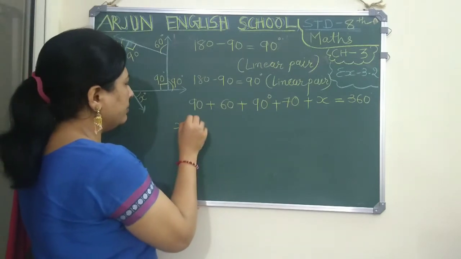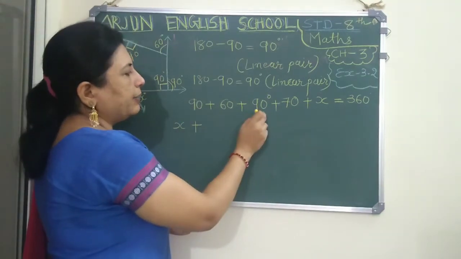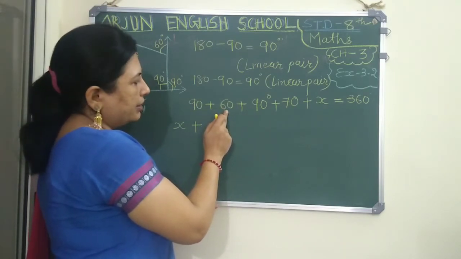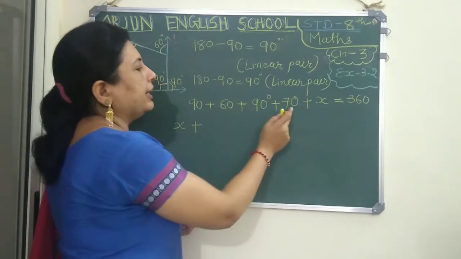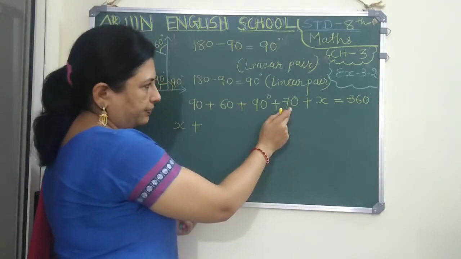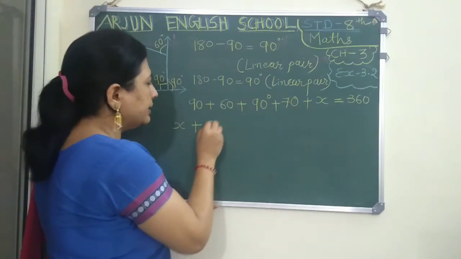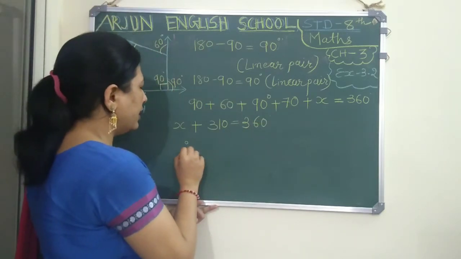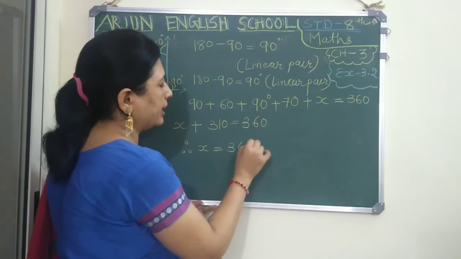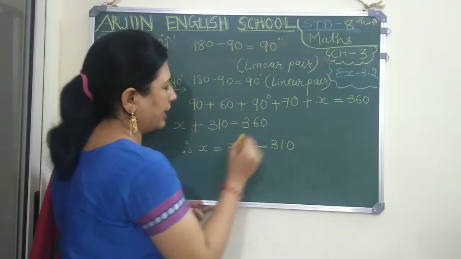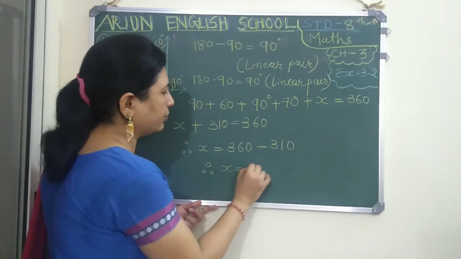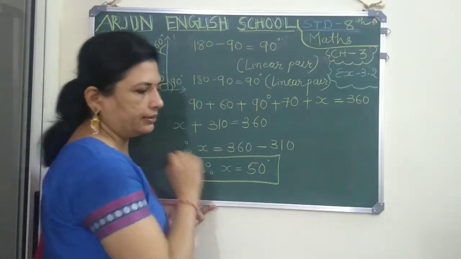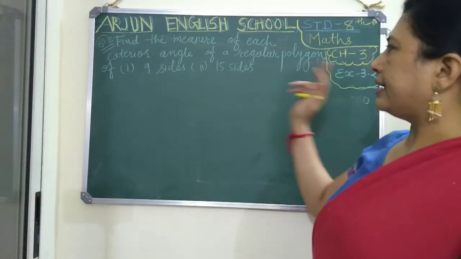Now add them: 90 plus 90 is 180, 180 plus 60 is 240, 240 plus 70 is 310. So x plus 310 is equal to 360 degrees. Therefore, x is equal to 360 minus 310. Therefore, x is equal to 50 degrees. This is your answer.